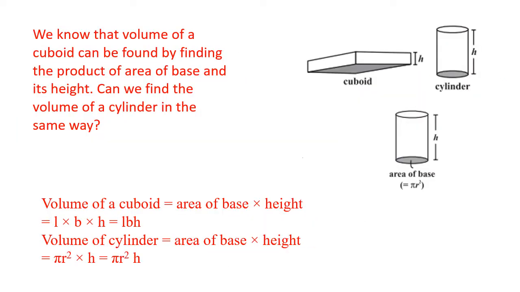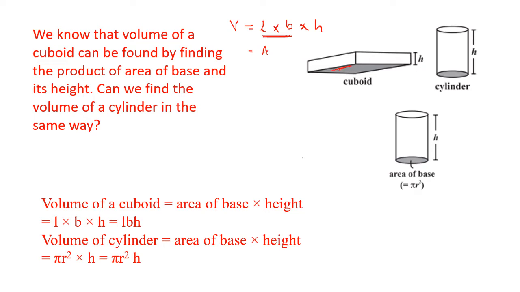So let us compare. We know that the volume of a cuboid can be found out by two ways. Volume of a cuboid is length into breadth into height. But what does the length into breadth give us? Length into breadth gives us the area of the bottom.